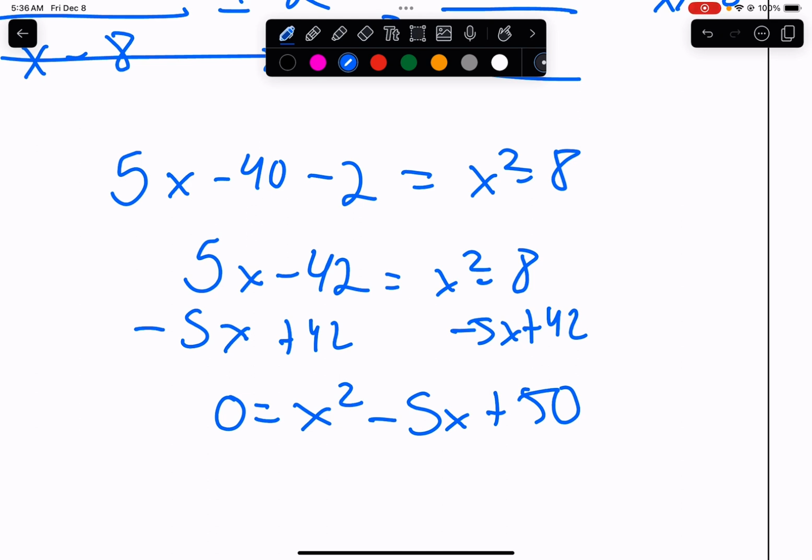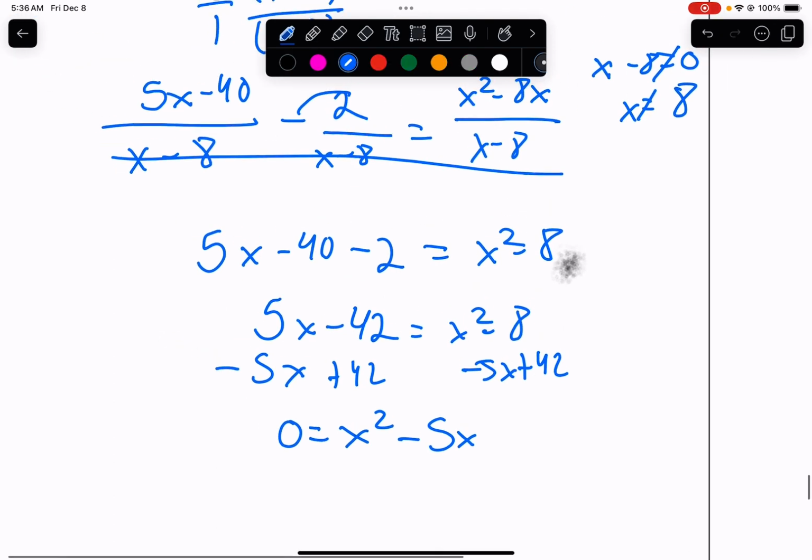No, not plus 50. Oh my goodness. 42 minus 8 is going to be 34. Oh, this should have had an x on there. Oh, man. Well, real quick, what I did wrong, this should have had an x on there.